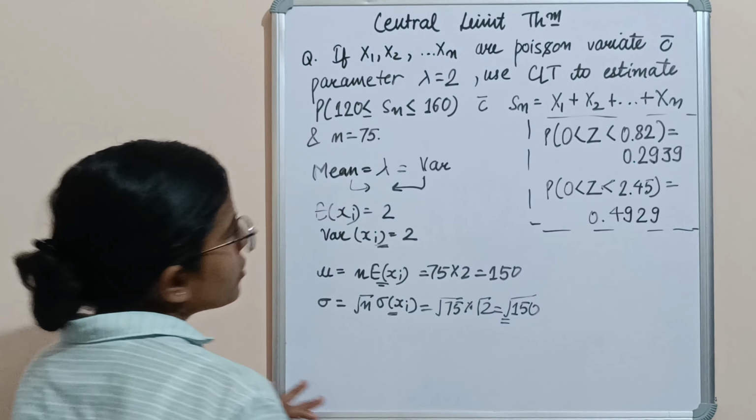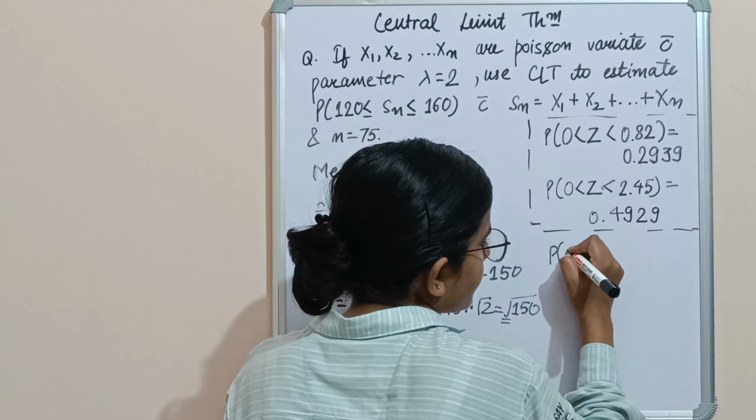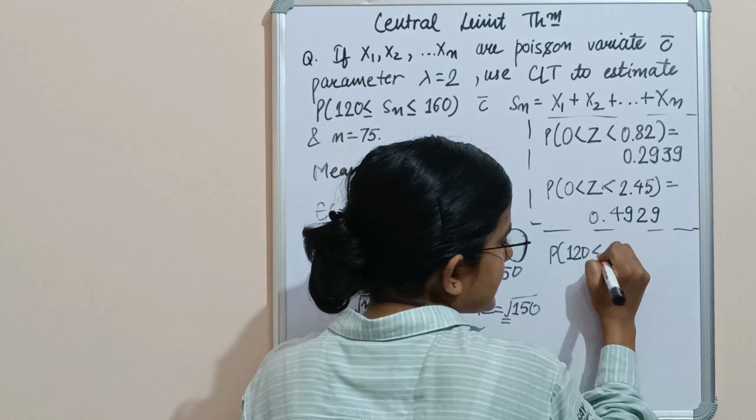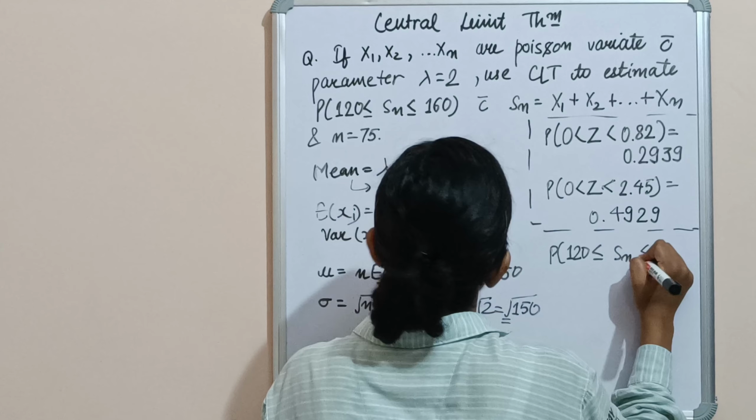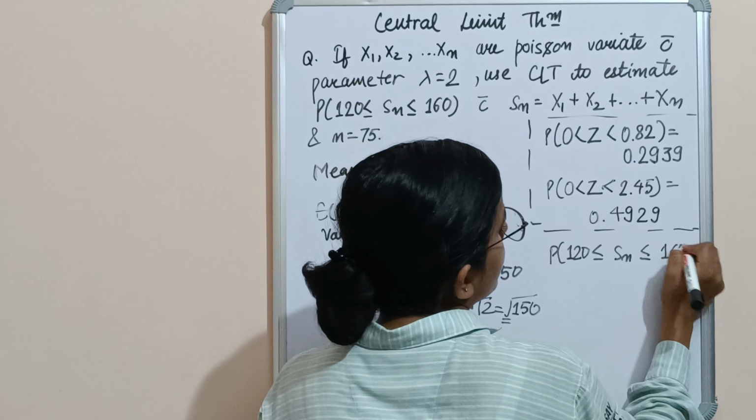Now we have to find the probability of 120 less than or equal to Sn less than or equal to 160.